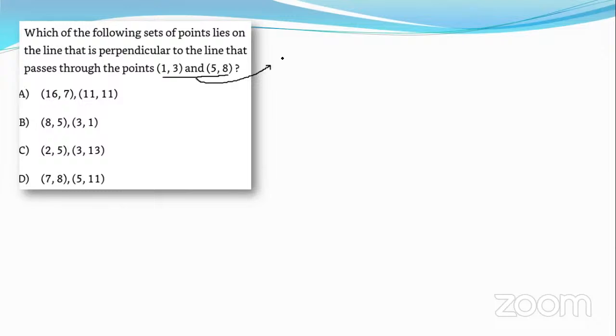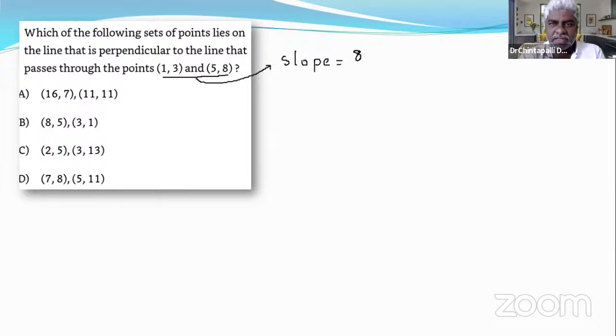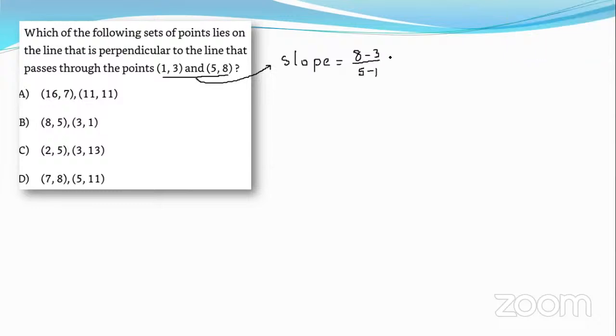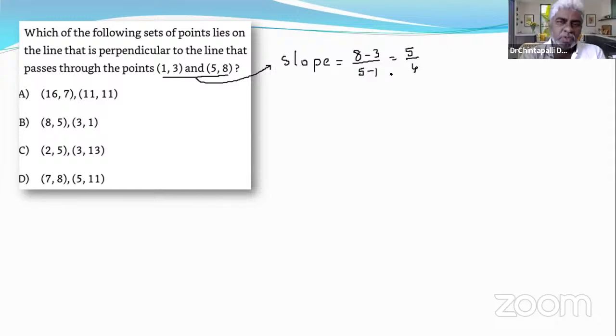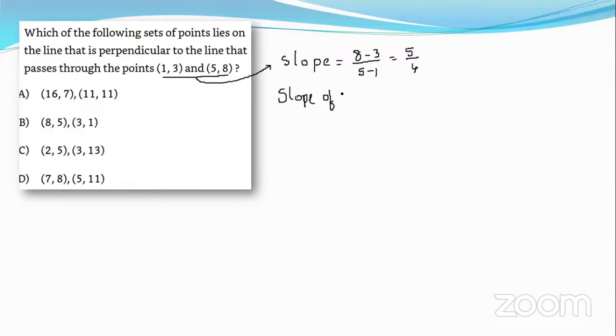Slope is equal to (8 minus 3) over (5 minus 1), which is 5/4, right? The slope of the perpendicular line is -4/5.